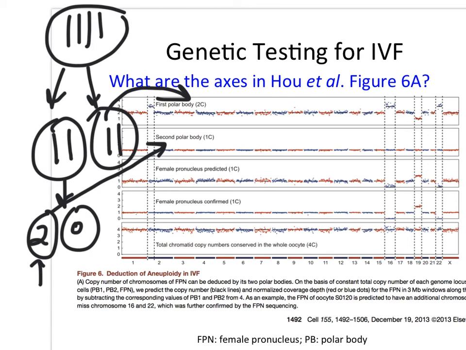The first polar body has how many copies of the chromosome we're interested in? 2. That's why they say the first polar body is 2C. It's got 2 times the number of chromosomes a haploid individual has, where C is a chromosome. The second polar body only has 1 chromosome in it, so it's 1C.